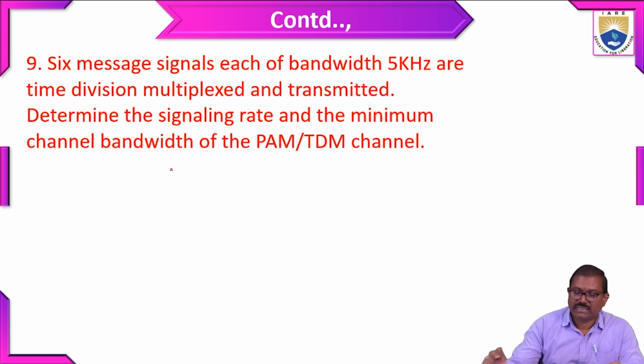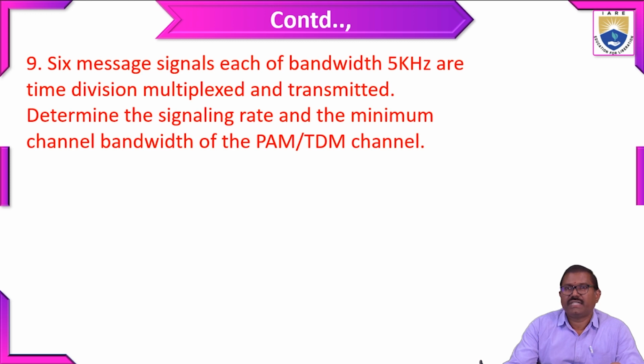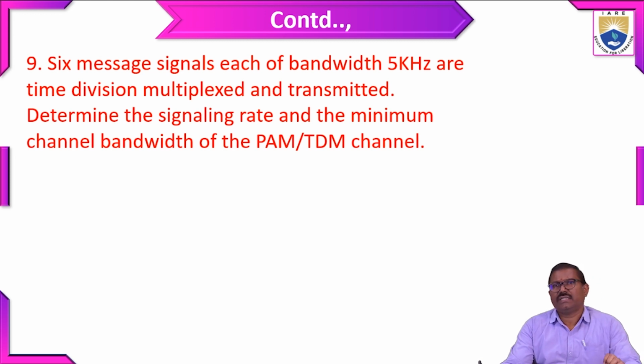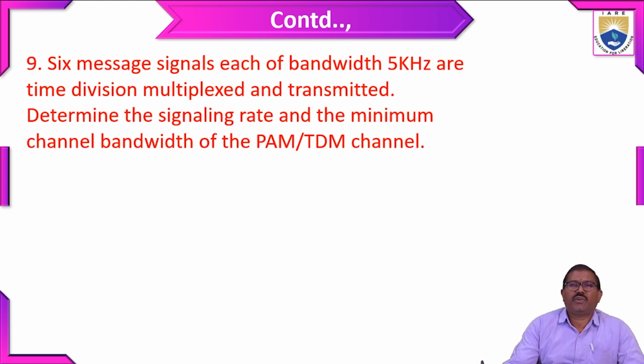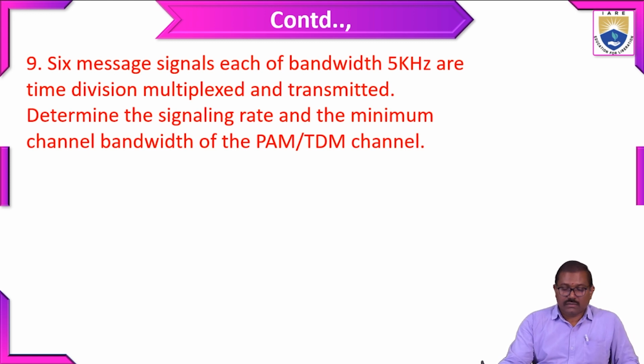Determine the signaling rate and the minimum channel bandwidth of the PAM TDM channel. Here the type of multiplexing is time division multiplexing. So how many signals are taken? 6 channels, each having a bandwidth of 5 kHz. So first you write the given data.